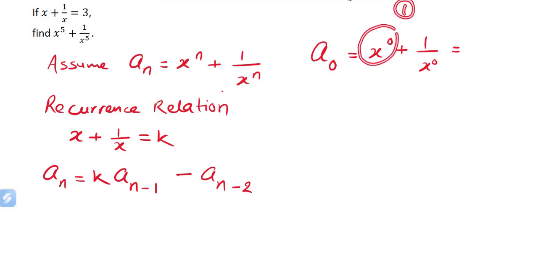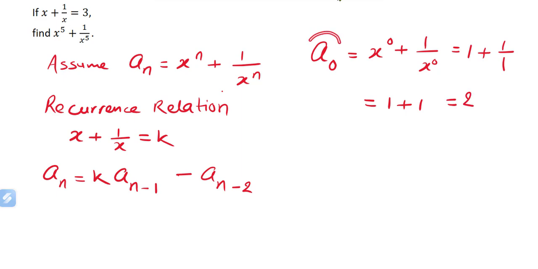Here the exponent is 0, so the value is 1 as well. That simply means we can write 1 plus 1 over 1, which is 1 plus 1, equal to 2. That is the value for a0, which is 2.